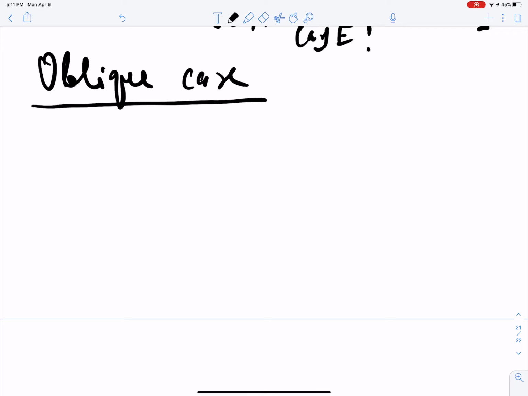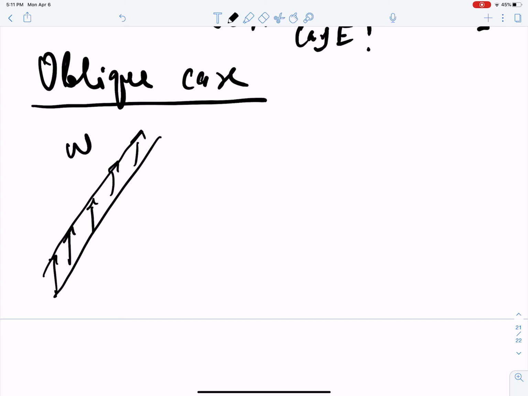All right. So in this situation, you have some load. Let me orient it this way. I'm going to call it W, and that W can be decomposed into two parts.